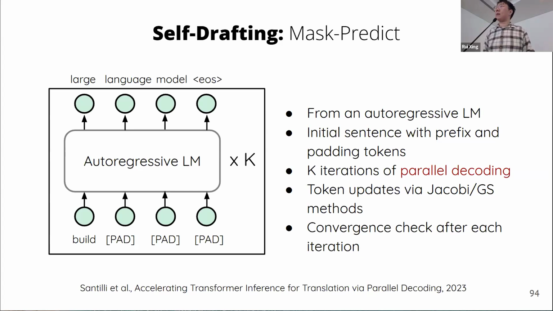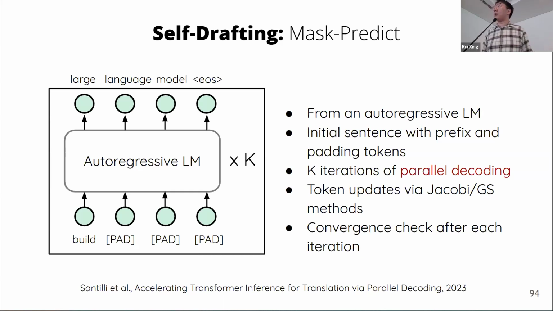You can see this is similar to the tokens fed to the non-autoregressive model. And here we feed the prefix as the only input, plus some padding tokens. Padding tokens do not have any meaning, just a placeholder to indicate to the model, hey, here is a token you should generate.